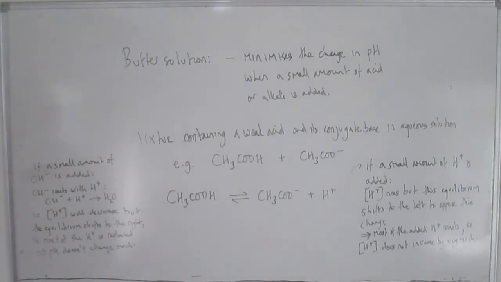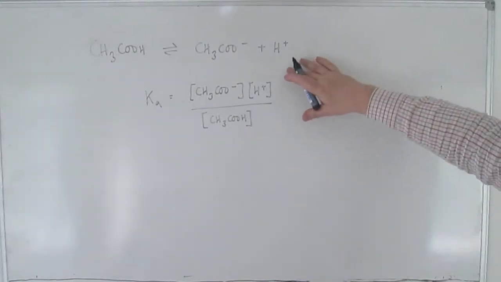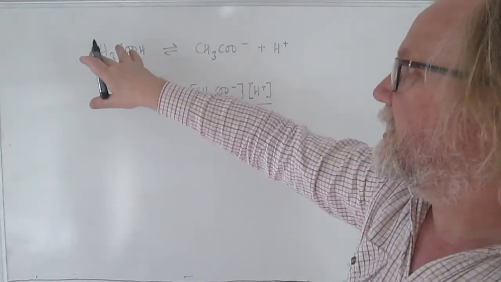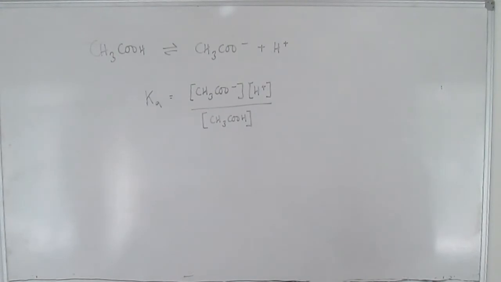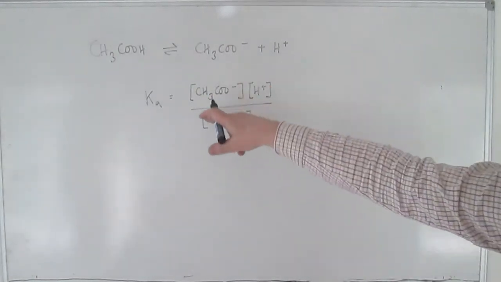What you also need to be able to do are calculations based around buffers. So carrying on with our example of ethanoic acid, we've got this ionization equilibrium. Now we've got a mixture containing ethanoic acid plus some added ethanoate ions, and we've got Ka, which is this.